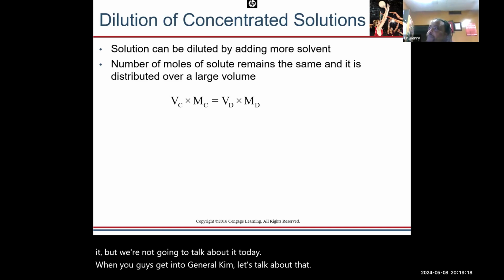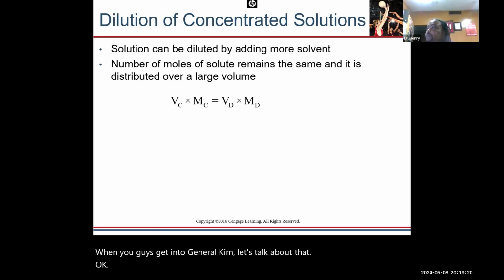Okay, so solutions can be diluted by adding more solvent, and there's a quick way of determining this.